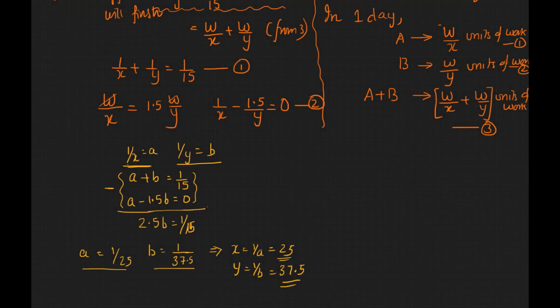And once you find that, you can find X and Y. So A will take 25 days to finish the work. That's our assumption: A takes X days, so X is 25, and B will take 37.5 days to finish the work.